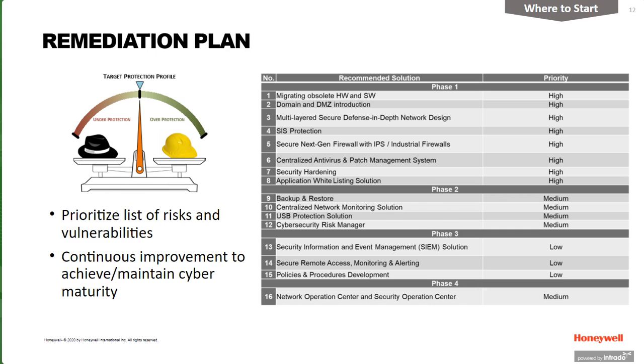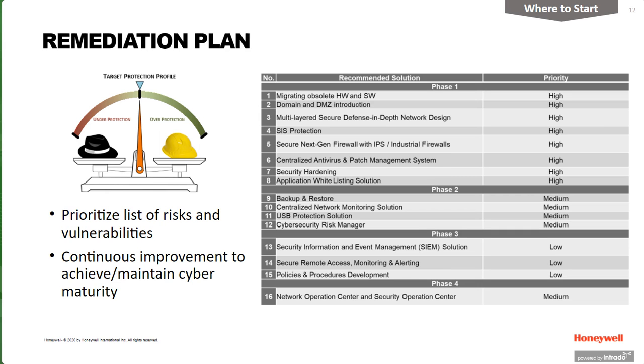The assessments can greatly help with it, but then use that as a roadmap where you have different phases where you're, for example, starting with migrating obsolete hardware and software systems. You're putting in not just a regular firewall, but look at next-gen firewall and intrusion protection systems.